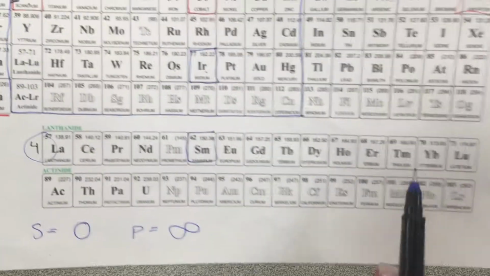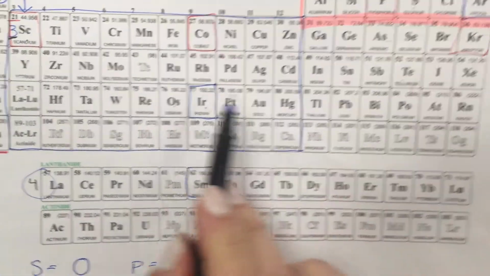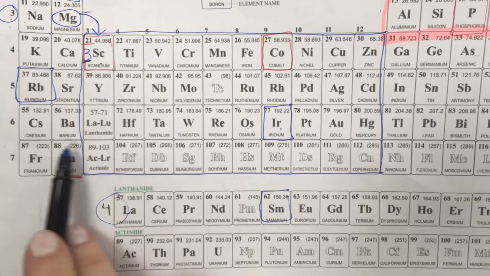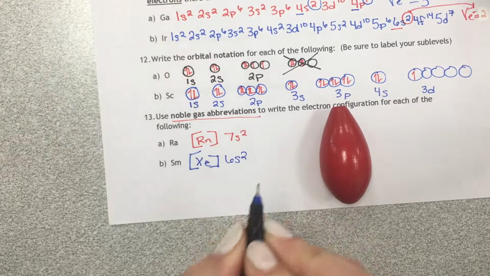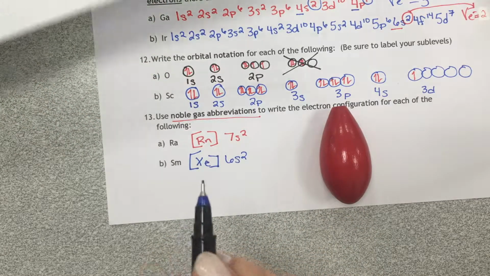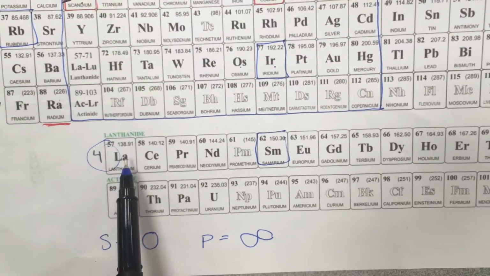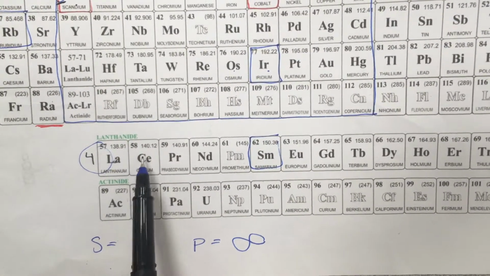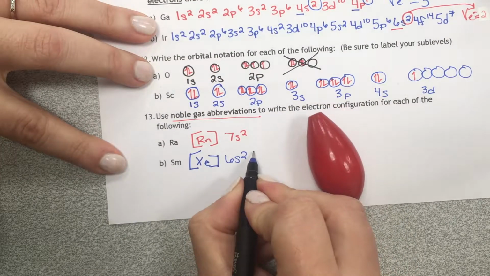And then from xenon, we go to 6s2. So 6s2, and then the F block, 4f, 1, 2, 3, 4, 5, 6, 4f6.